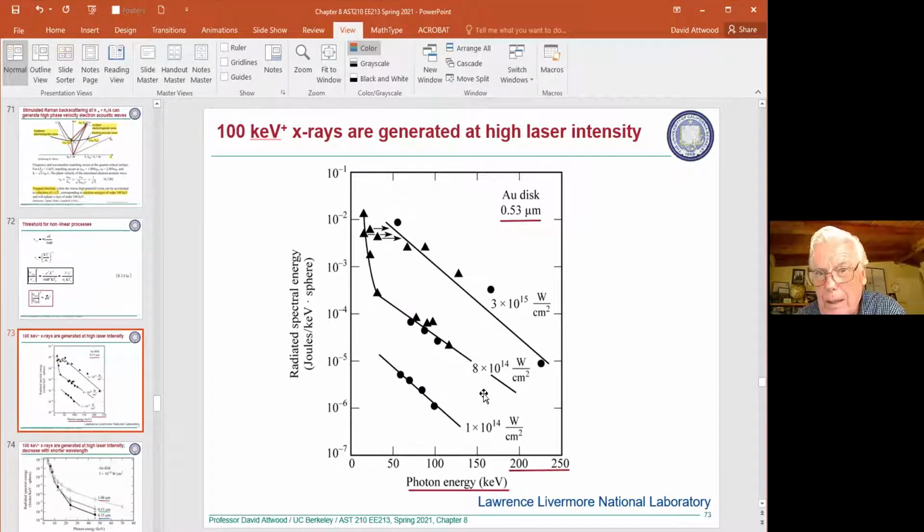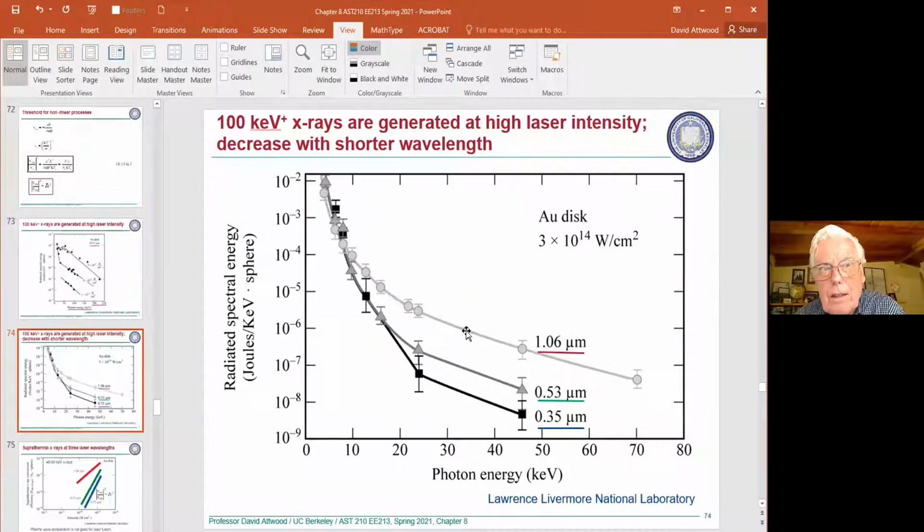But as you go up to near 10 to the 15th and above 10 to the 15th, the amount of radiation you have out at 100 keV, where our calculation or estimate was, you've gained 1, 2, 3 orders of magnitude, okay? So that's one piece of data. Here's another one. This is going to show the I lambda squared.